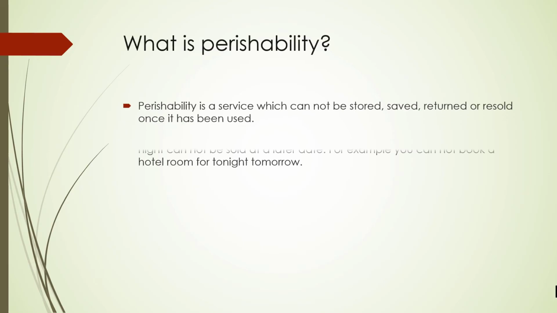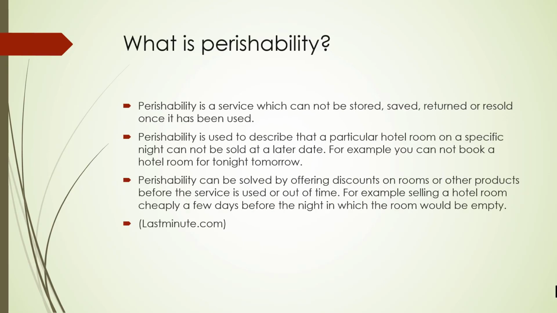So, what is perishability? Okay, so perishability is a very confusing and very easily complicated subject. Perishability is a service which cannot be stored, saved, returned, or resold once it has been used.